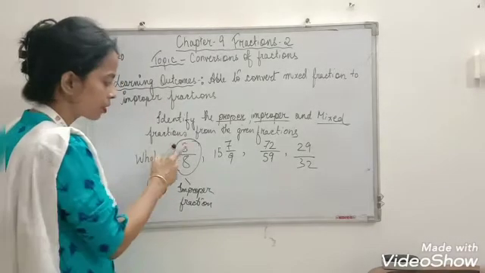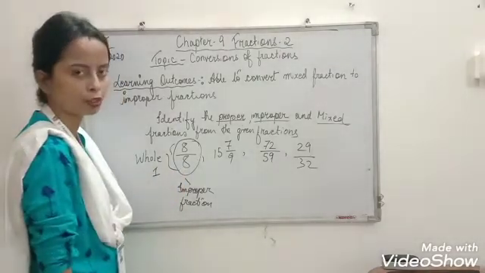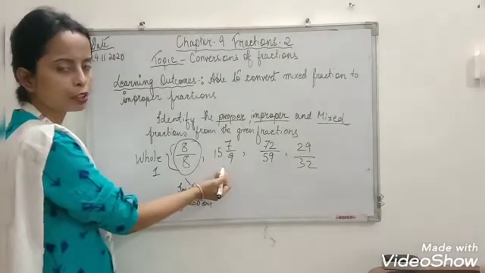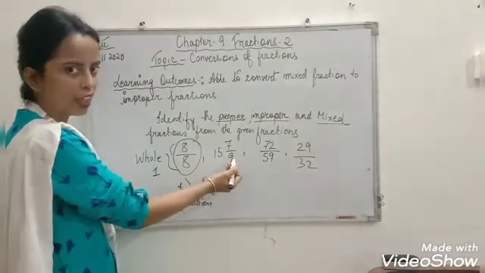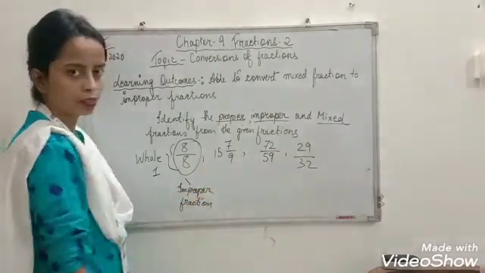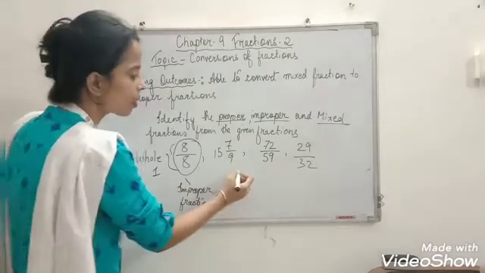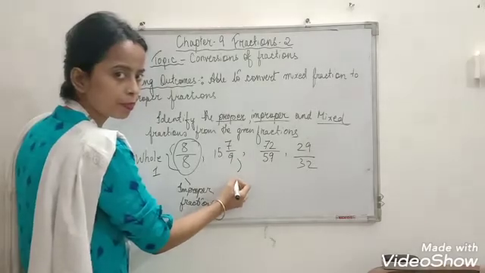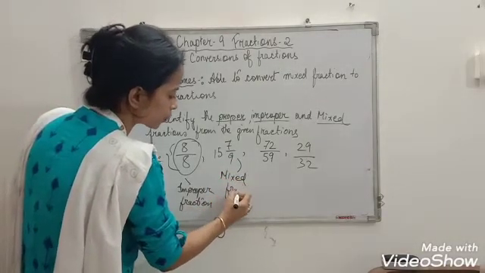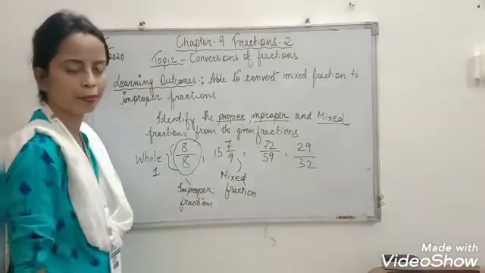So remember, if the denominator and numerator are the same, that fraction we call an improper fraction. 15, 7 by 9. This fraction is a combination of a whole number and a proper fraction. So what type of fraction is this one? Yes children, mixed fraction.